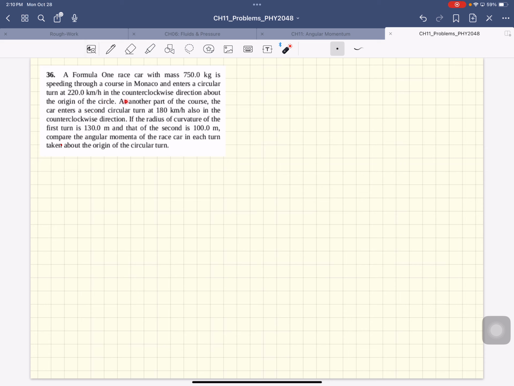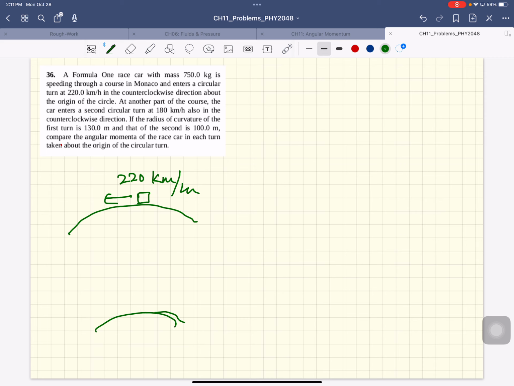In the counterclockwise direction about the origin of the circle. At another part of the course, the car enters a second circular turn, also in the counterclockwise direction, at 180 kilometers per hour.